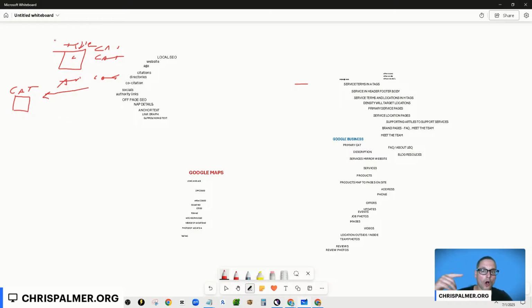However, all of the internal links, or the majority of the internal link flow, says car. On top of that, the category from other external links pointing to this site are about cars. All right. So the referring domains are in the category of car.